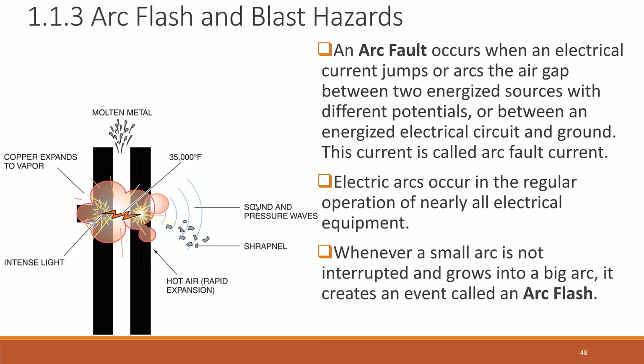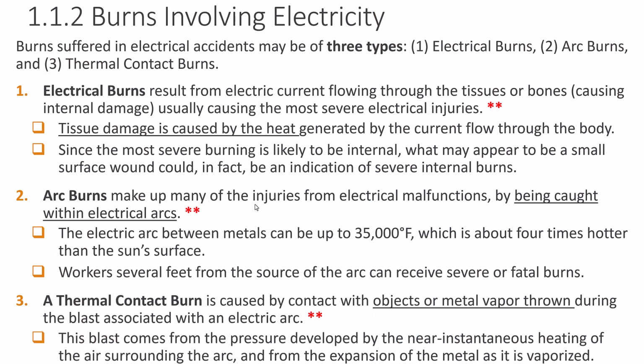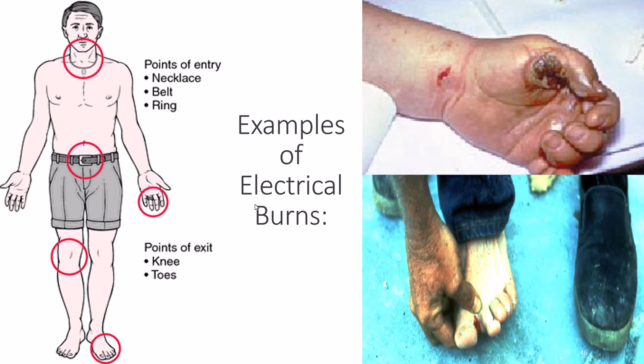There's no brain to it, but it's going to conduct wherever it can. So whenever a small arc is not interrupted and grows to a big arc, it becomes what we call an arc flash, kind of like a lightning strike. And that's where you can get caught in that arc, like we were looking back here at the arc burns, where you're caught in an electrical arc.